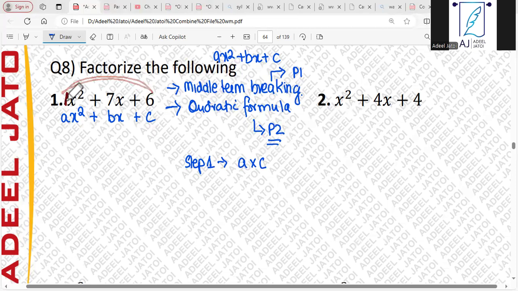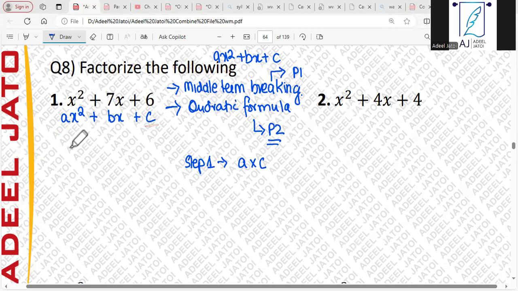This is A and this is C. For middle term breaking, we need to make sure that A is multiplied by C.